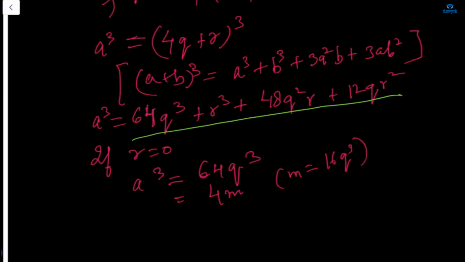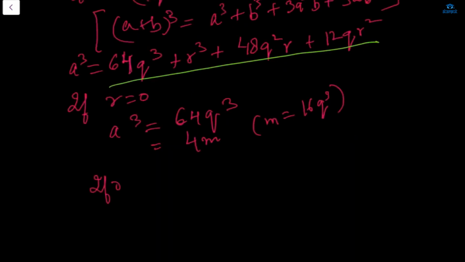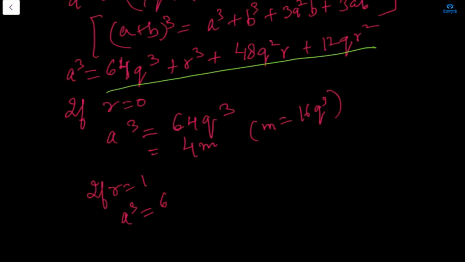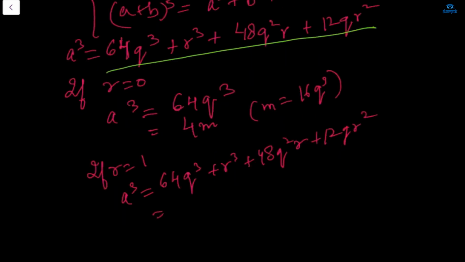Okay, got it, Ria? Now, if r is equal to 1, a cube will be equal to 64q cube plus r cube plus 48q square r plus 12q r square. Instead of r, you will have to write 1 now, plus 1.